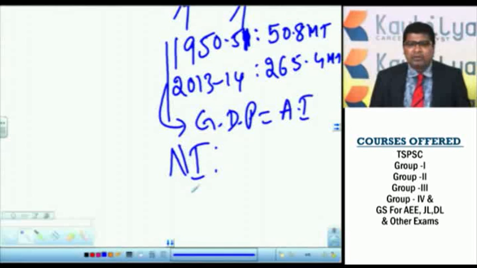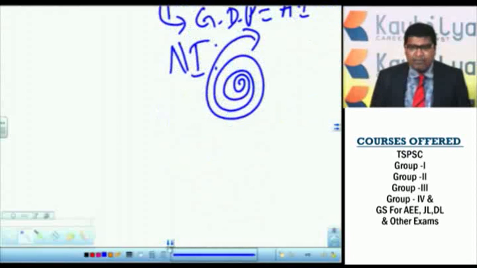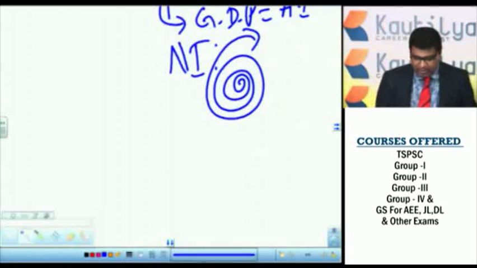So economic growth is an indicator of wealth, meaning how wealth has been generated in India over a period of time. It reflects the quantity of resources available to a society, meaning per capita availability of resources in a given country.